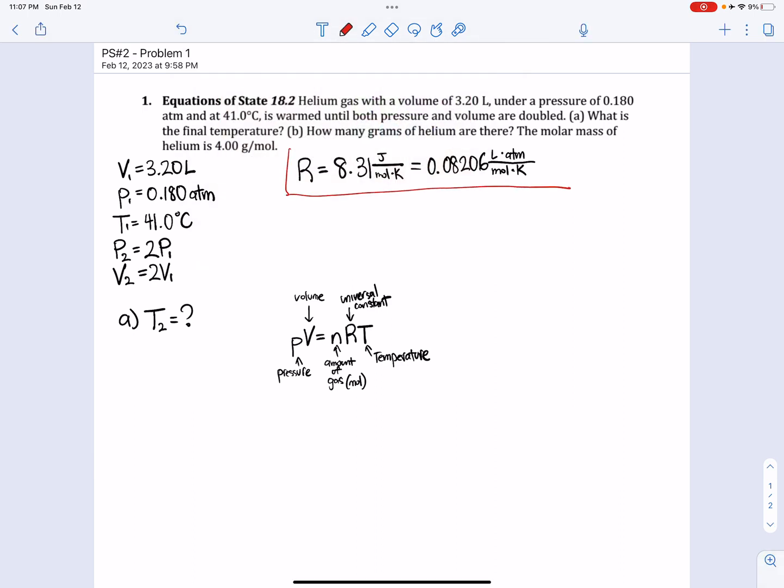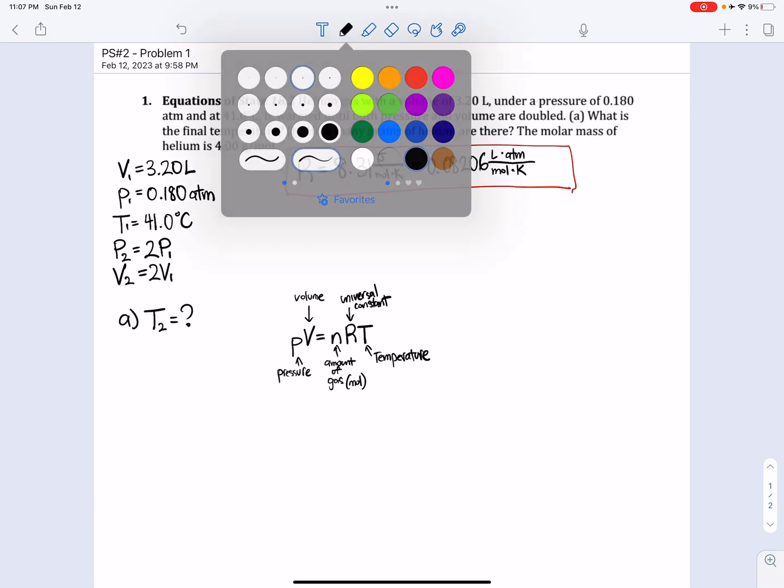The determination of which R to use, whether you're going to use this one or this one, would just depend on which units are given in the problem. So right here I've got liters, atm, so I'll likely use this one right here. Okay, all right, back to the problem.